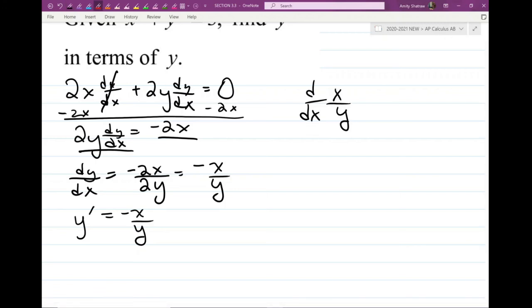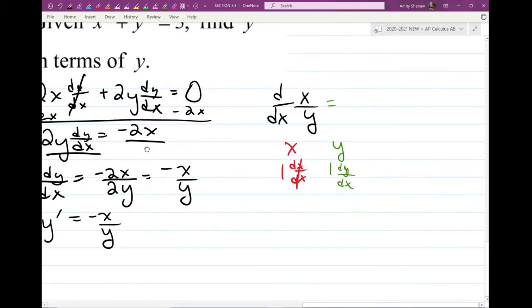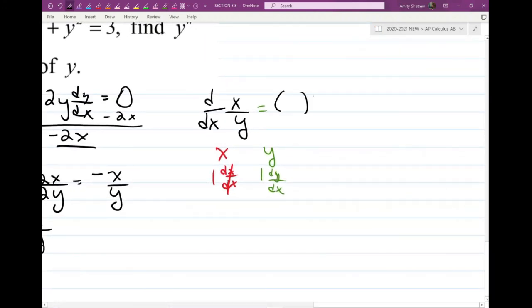So if I take the derivative of x, I will get a 1 dx dx, which I can cross out. And when I take the derivative of y, I get 1 dy dx. And so for the derivative of these two things, remember how the quotient rule works: something times something, minus something times something, over something being squared. And what is in the bottom is supposed to be the original denominator, and that is squared.